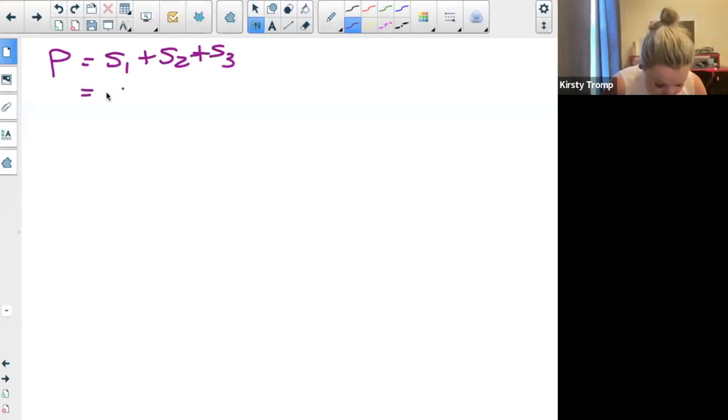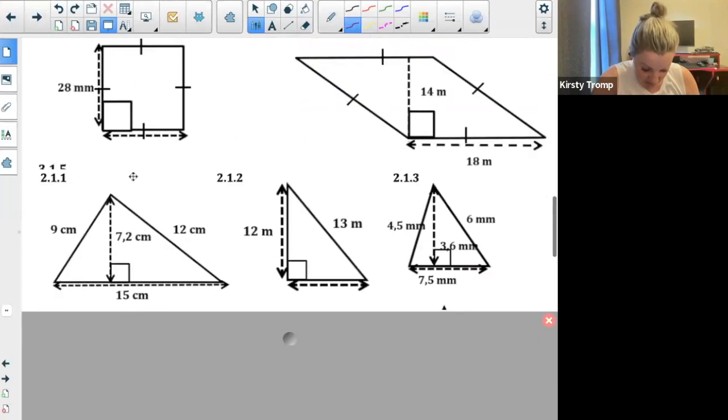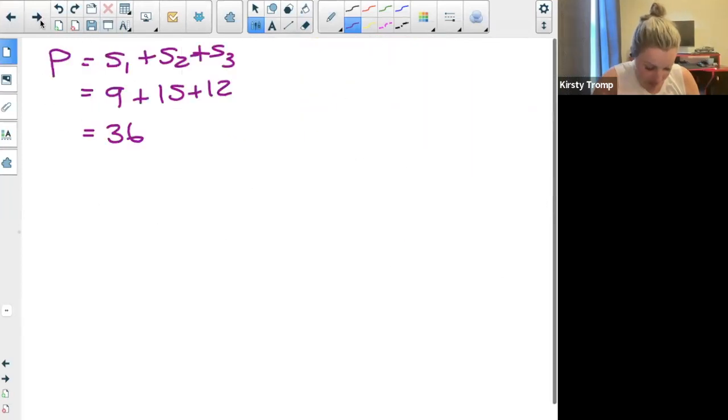Talk to me. 9 plus 15 plus 12. Good. And what do you get? 36. And is it centimeters or meters? I think it's centimeters. Let's go see. It is centimeters. You're right.